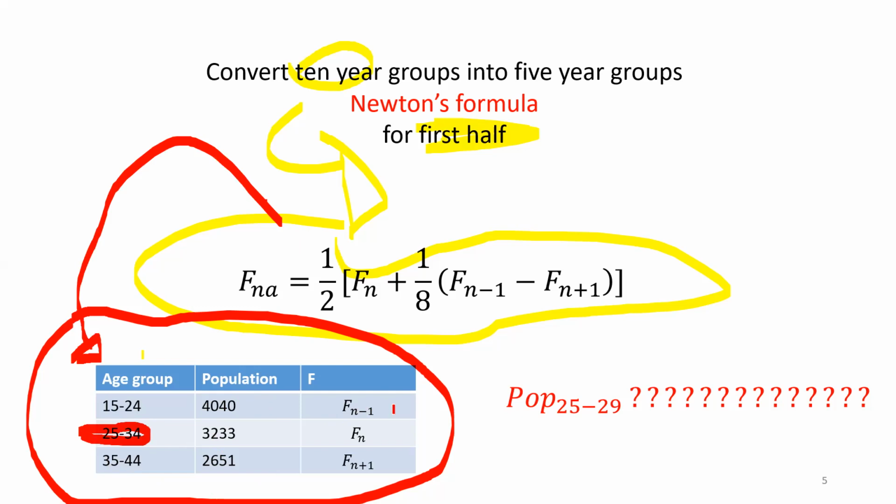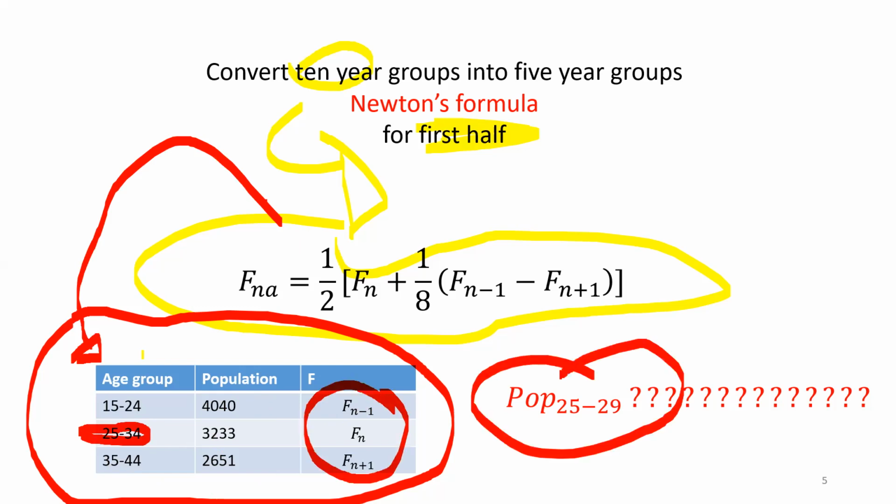So this is the way the values are coming. Then you can calculate the population for 25 to 29. I have given the way these notations are coming. Now you can substitute these values into the equation and calculate the first half, that is, the population for 25 to 29. Okay, go forward.